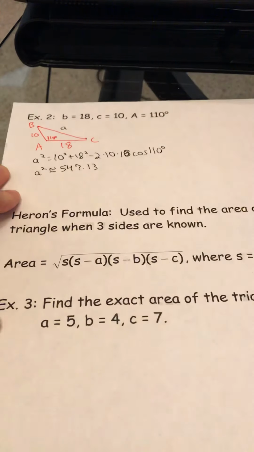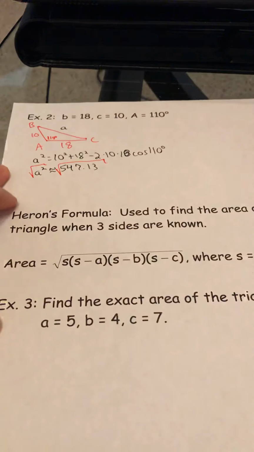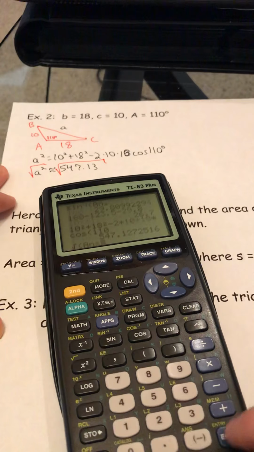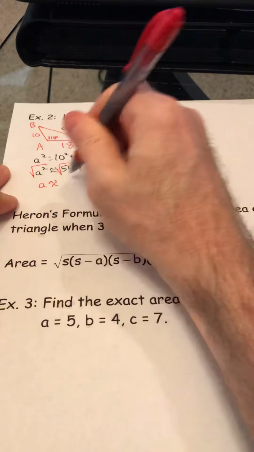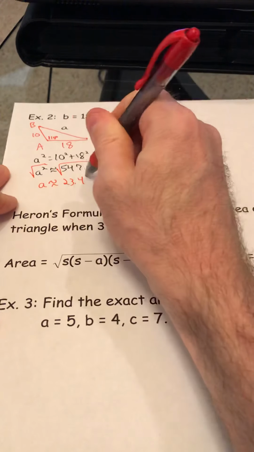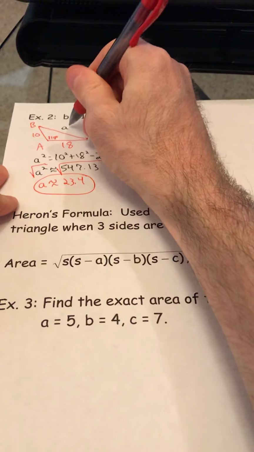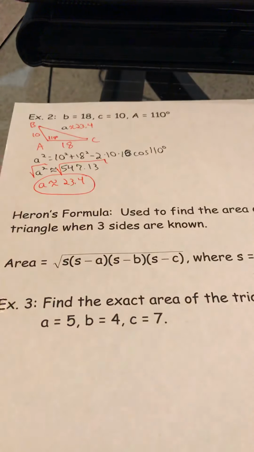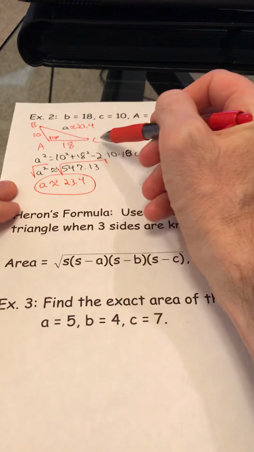And then to find side A, all we do is take the square root, and that final side is around 23.4, which again, you can always look at what you're given and see, does that fit? Well, it's across from the biggest angle, so yes, that side should be bigger than the other two, which it is. Now, from here, we do need to find angles B and C.